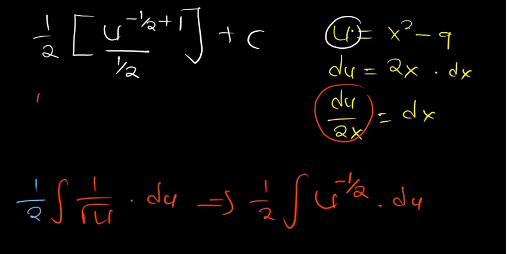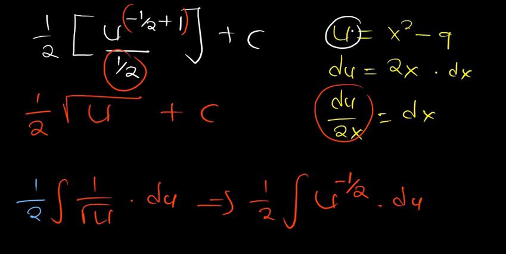So in the brackets, for the top part, negative half plus 1 is half. That's the same result I'm dividing with. So the half is the same as the square root, so we have the square root of our u plus c. Now don't forget that we're dividing by half again.